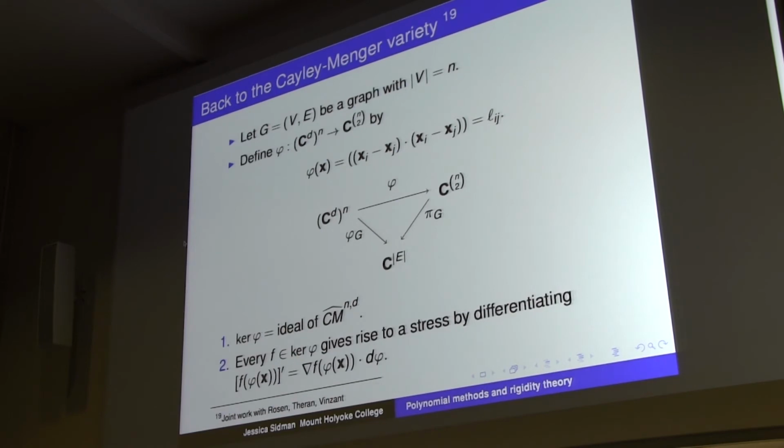And here's the nice observation, and this is something that's really kind of trivial, though it took me a long time to understand it. If you have an element of the kernel of phi, so something in the ideal of the Cayley-Menger variety, it'll give rise to a stress by just using the chain rule. So f is an implicit polynomial that vanishes on this parametrized variety, right? The quadratic polynomials parametrize a variety.